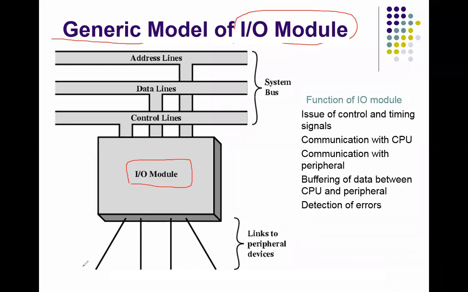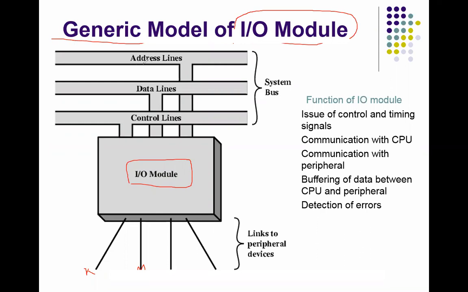It could be a keyboard, the monitor, your mouse, joystick, camera, phone; all are input output devices. You can send data into the computer, and you can take data from the computer. So there are multiple peripheral devices that you can connect with the computer.